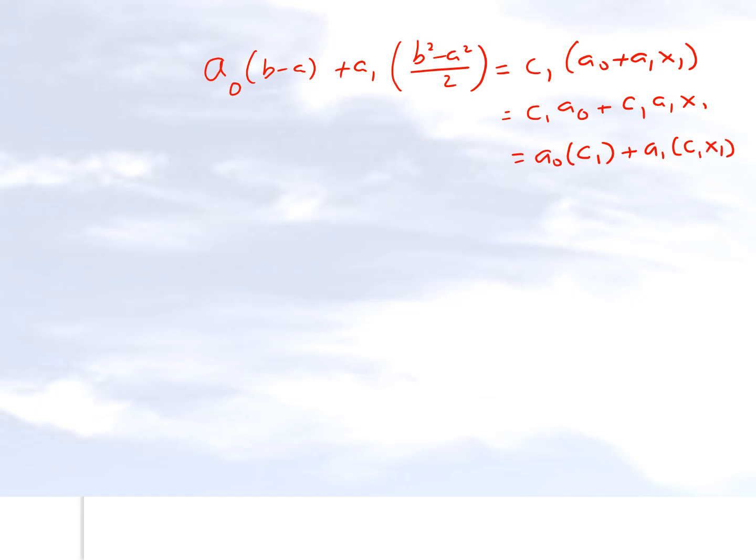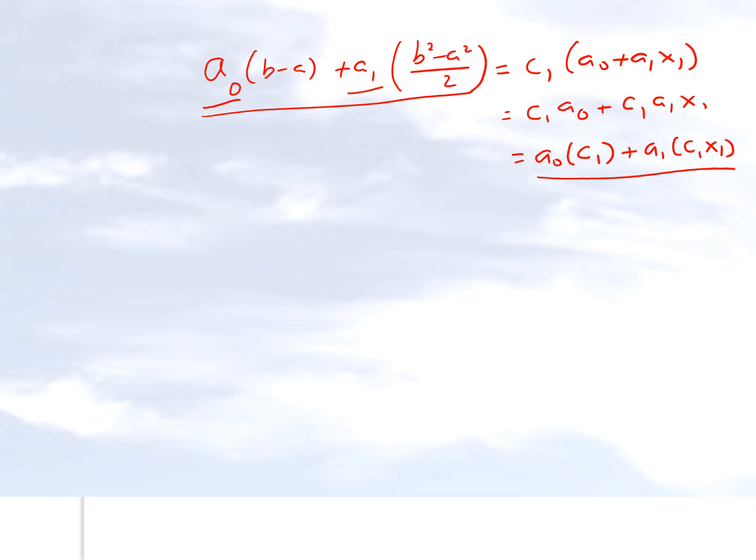Now what I see here is that since a naught and a1 are arbitrary, when I chose that function to be a naught plus a1 x, I didn't put any constraints on a naught and a1. So since I did not put any constraints on a naught and a1, this whole expression is going to be the same as this expression only if the coefficients of a naught and a1 are the same.